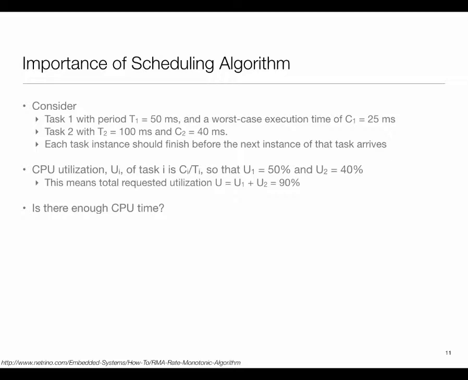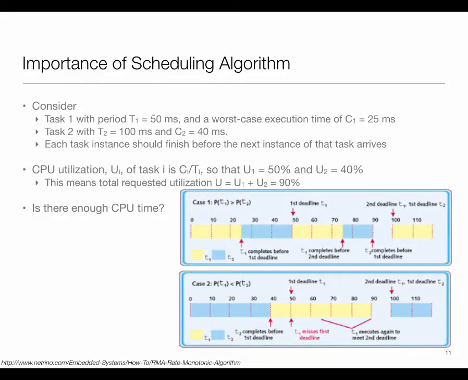Case 1: priority of task 1 is higher than priority of task 2. If we just look at the timeline, kind of like a simulation of what is happening, let's start by assuming that a job for each of the two tasks arrived at time 0.